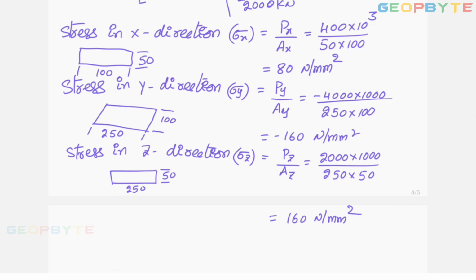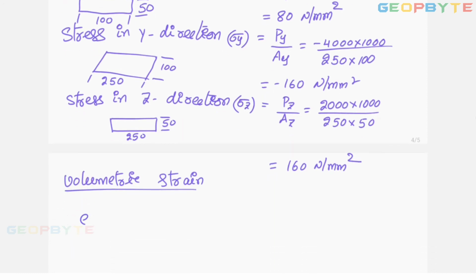Now the volumetric strain, change in volume by original volume, EV equals sigma x plus sigma y plus sigma z divided by Young's modulus into 1 minus 2 by m.